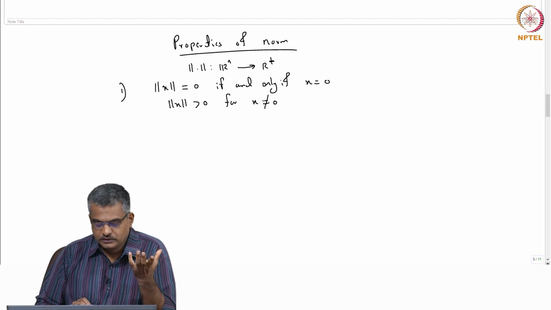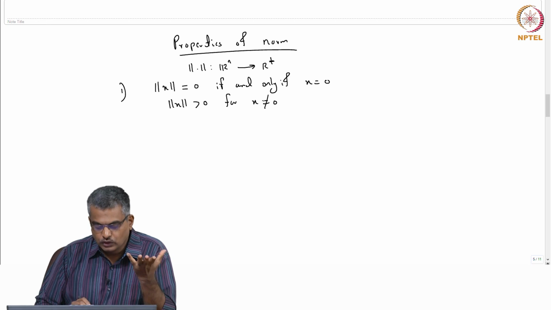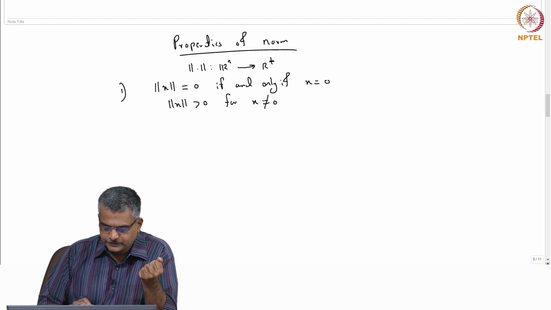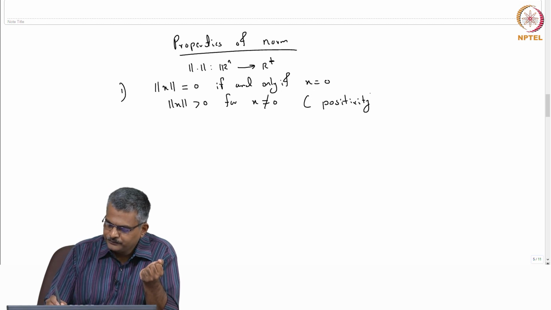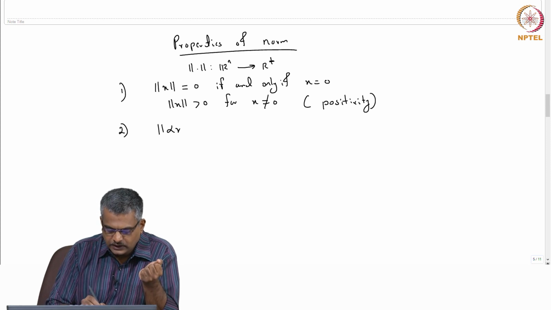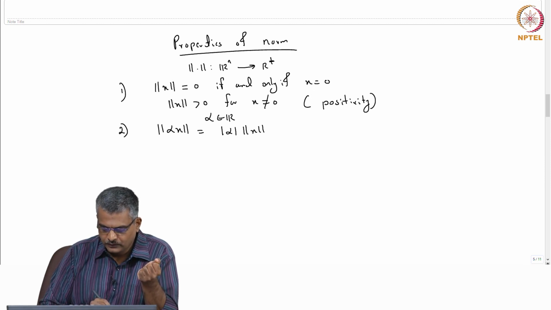So, the length of a vector is always a non-negative quantity. It is 0 only when the vector is a 0 vector. This is known as the positivity property.